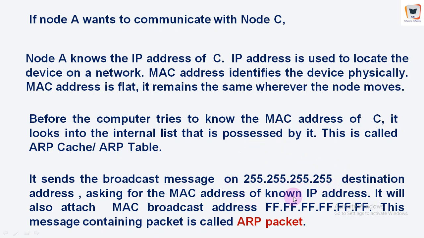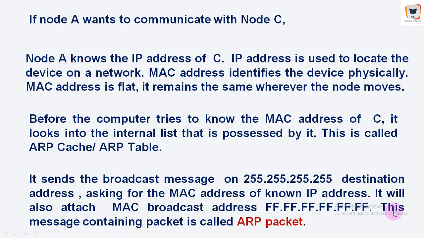This is the broadcast IP address. It has been delved into in the network layer. The destination address is there, asking for the MAC address of a known IP address. It will also attach the MAC broadcast address FF in that particular field.